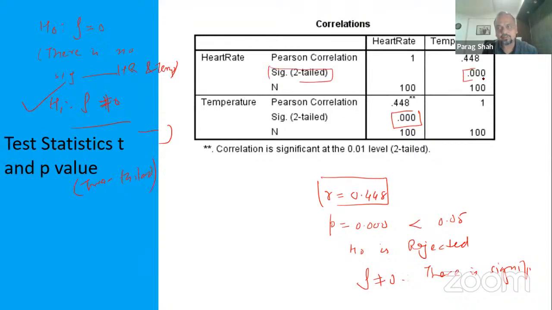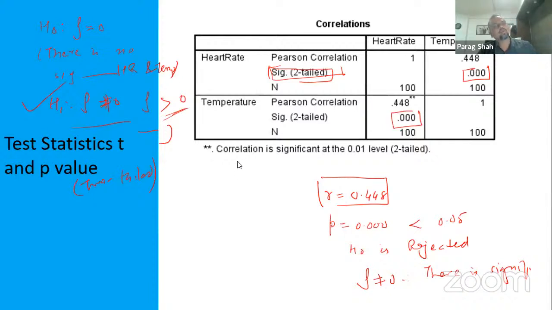If I wanted rho to be positive, that means it is one tail. In that case, I have to take half of P. Whenever it is one tail, we have to take half of the P value if it is given for two tail. I hope you can recollect it. Yes, Menkaji, you are right.